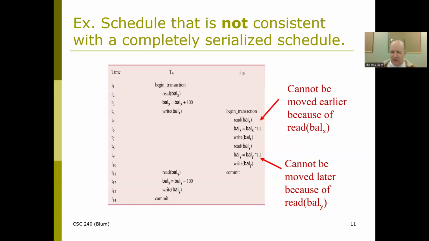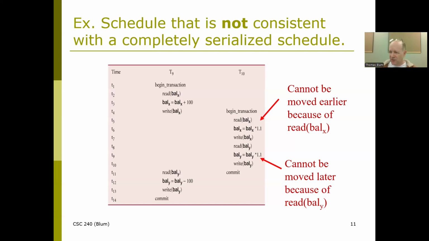Of course you can pay the interest and then change the money in the account, or you can change the money in the account and then do the interest. But the way it's being done here, with one transaction started and then the interest calculation and then finishing it, is not correct, not consistent with those transactions being serialized.